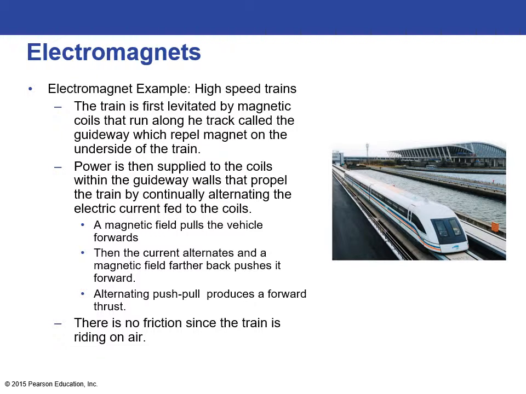And the good thing with these trains is there's no friction and no bumps, so it's a very smooth ride, and you eliminate friction since the train is literally riding on air.